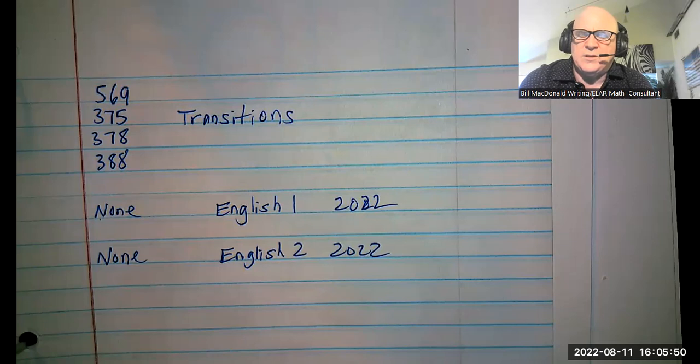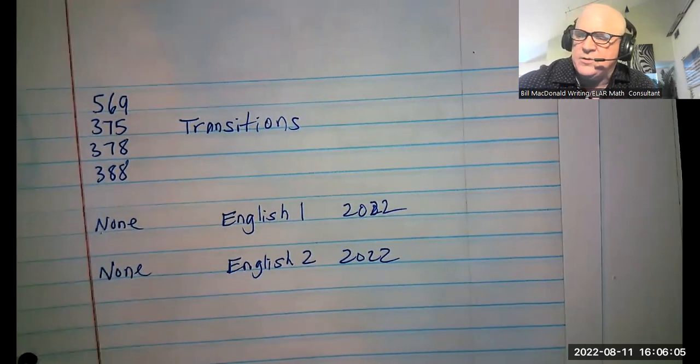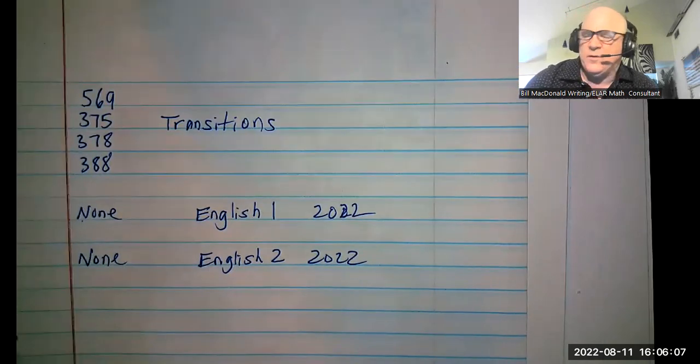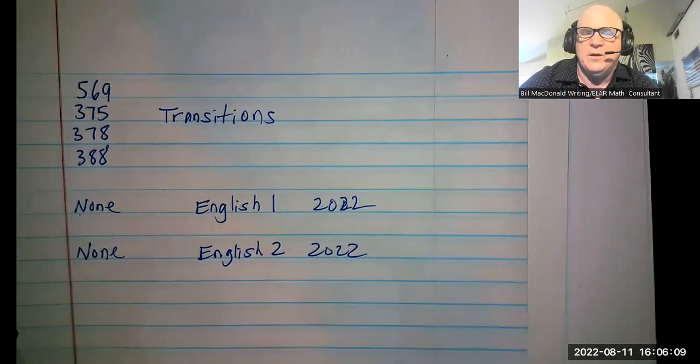So just to let you know, English 1 and English 2 teachers, this year's test did not have any transition words or phrases. So make sure that you go ahead and look through some of the other years of 4th, 7th, 9th, or 10th on the writing.